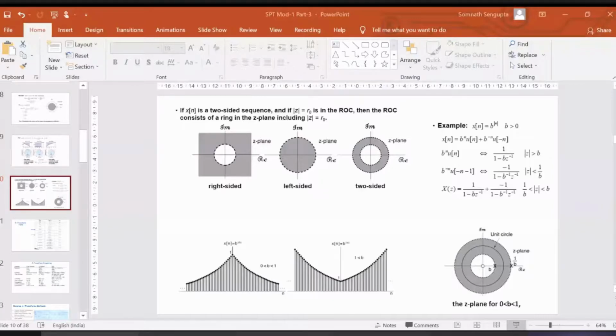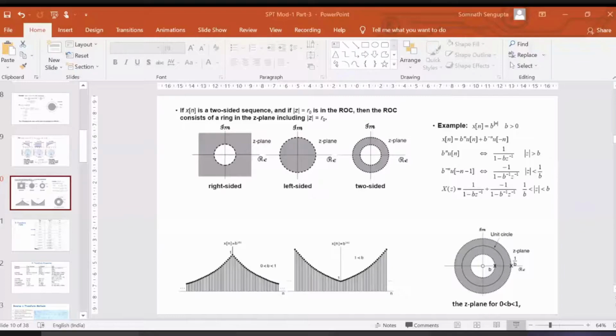That negative comes because it is not present here.